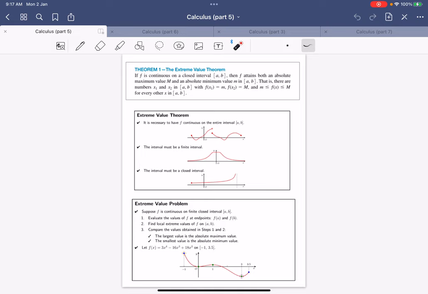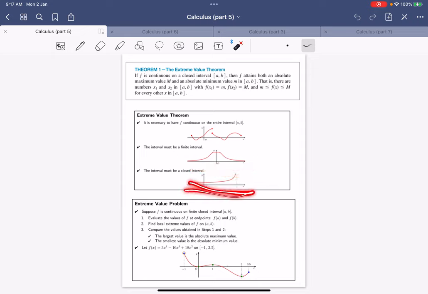The idea is that there exist actual points for the function to hit this minimum and maximum value. So this less than or equal to really means it can equal m. And then f will take all the values within this interval since it's continuous, so there are no breaks. And you can see why these conditions are necessary. If it's not continuous, then it doesn't attain the absolute maximum over here. And if it's not a finite interval, then it doesn't attain the minimum value at 0.